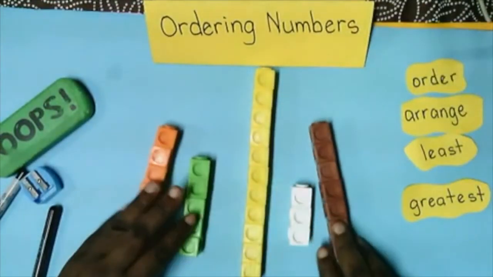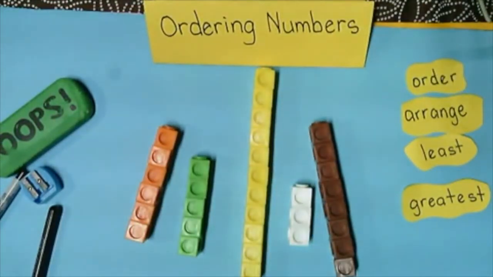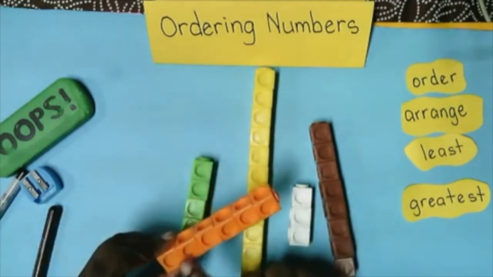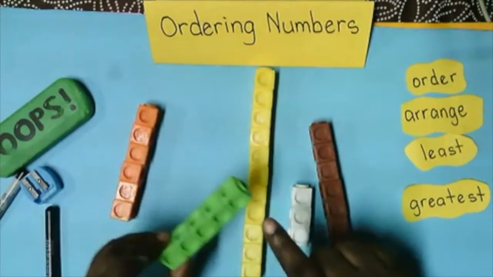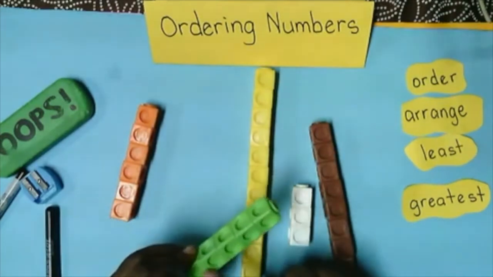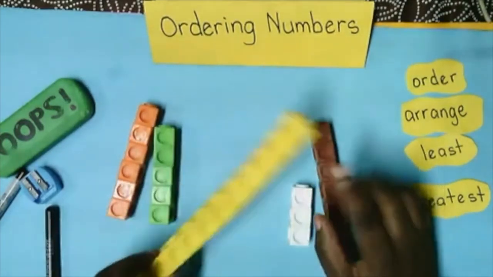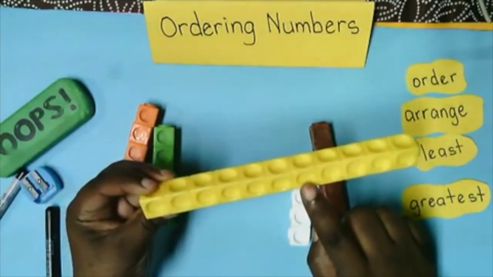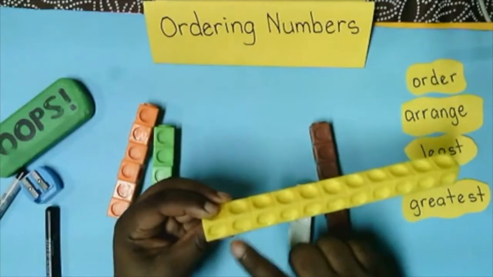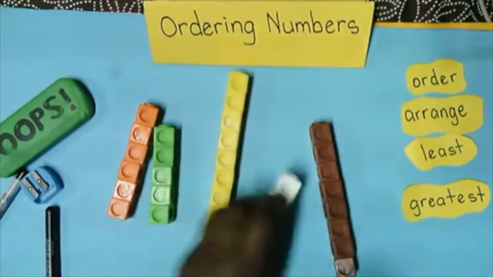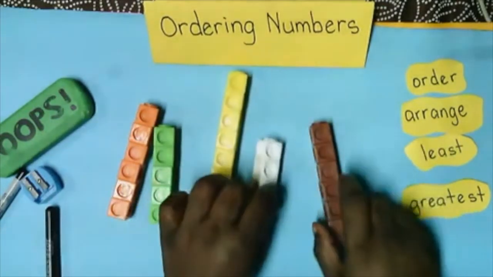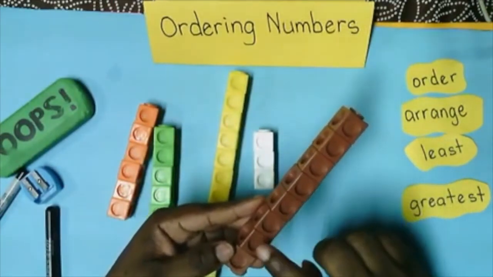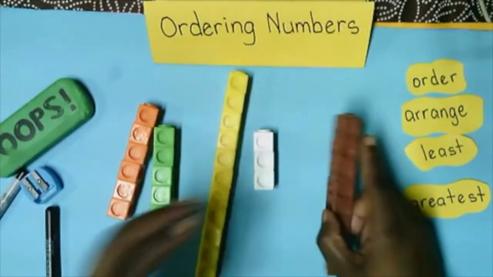Now, my orange, I have 1, 2, 3, 4, 5, 6 blocks of orange. 1, 2, 3, 4, 5 green. 1, 2, 3, 4, 5, 6, 7, 8, 9, 10, 11 yellow. 1, 2, 3 white. 1, 2, 3, 4, 5, 6, 7, 8 brown.